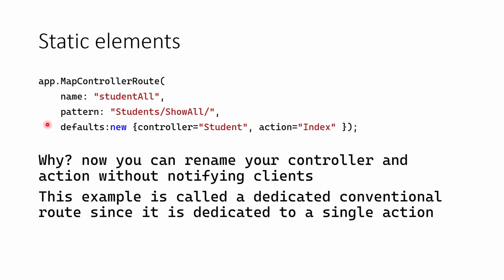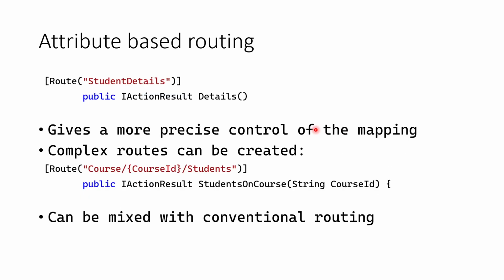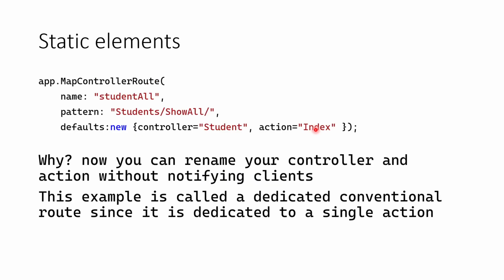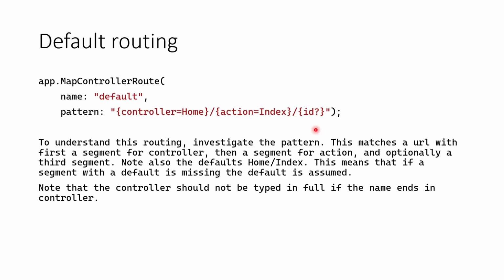Whereas if you use this structure, you can change it just here. You still catch the URL, and you can just change here that the controller is different, or the action is different, or both are different. Okay. So this is how default routing works, and you have to be a little careful about this.